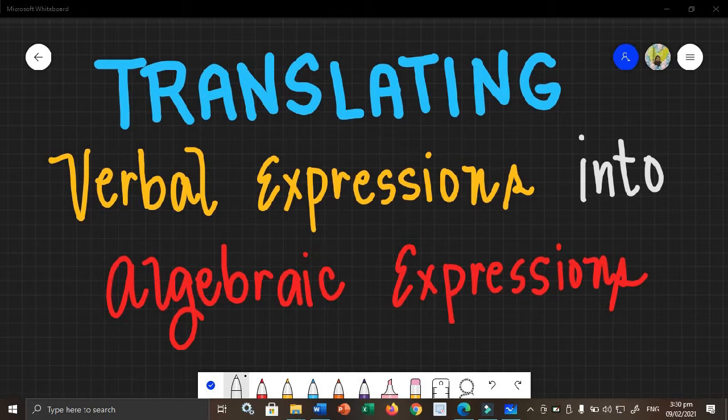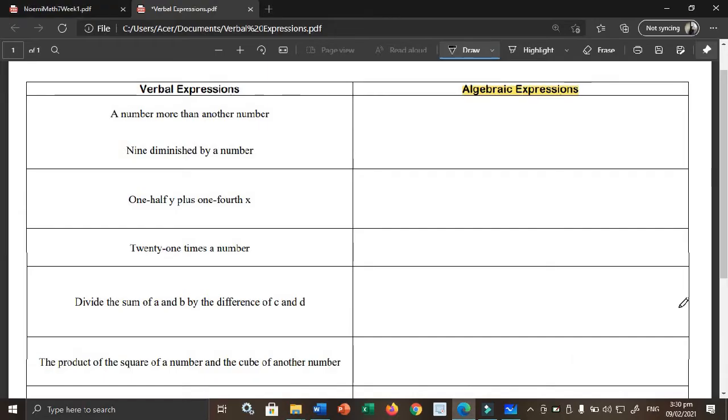Now, paano natin kaya ita-translate if the given is a verbal expression and we need to make it an algebraic expression? So let's say we have these examples. First that we need to translate into algebraic expression is this one, a written verbal expression, of course, kasi mga words yung nakikita ninyo. So, we have, let's say, a number more than another number.